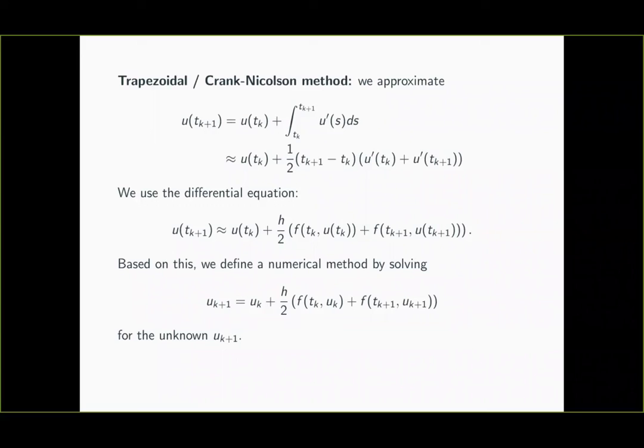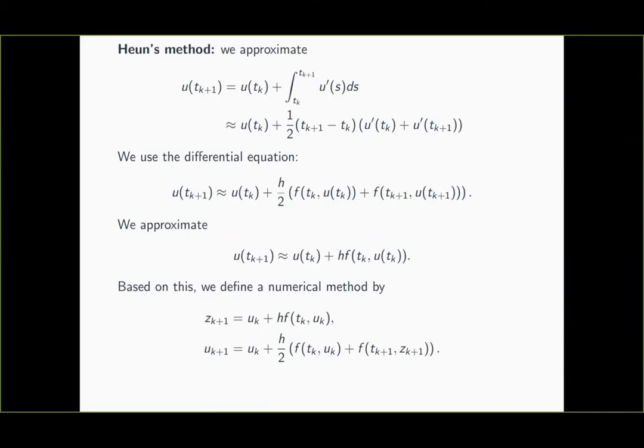This equation defines uk plus 1 implicitly, and at each iteration step we need to solve it for the unknown uk plus 1. The Crank-Nicolson method is an implicit method based on the trapezoidal rule. At each time step, we need to solve a possibly nonlinear system of equations.